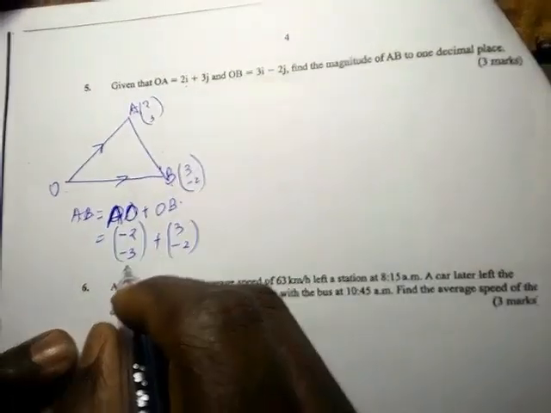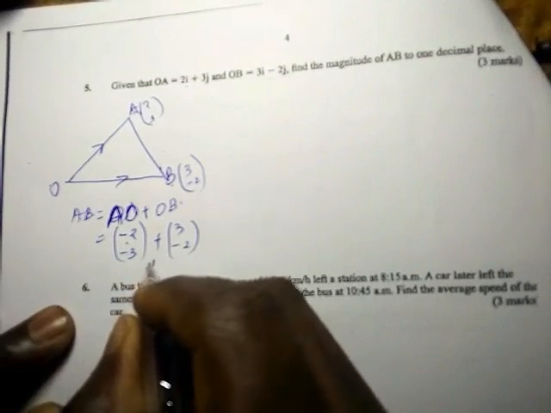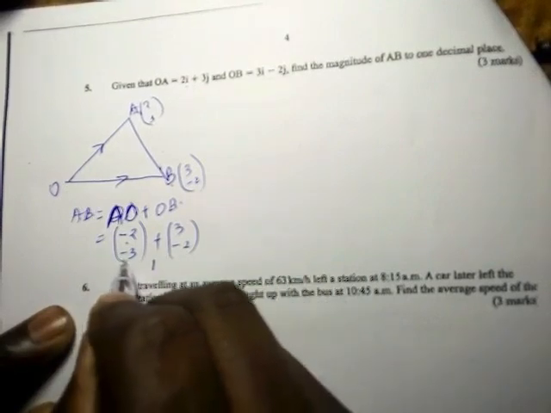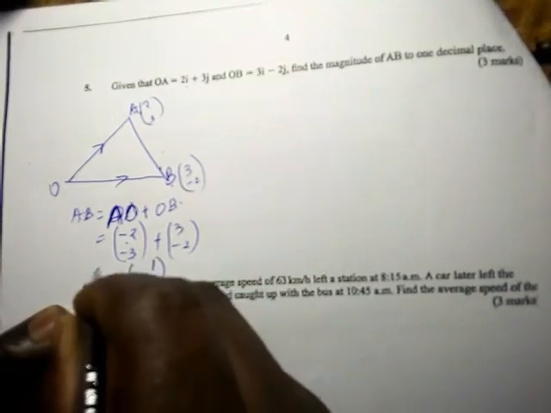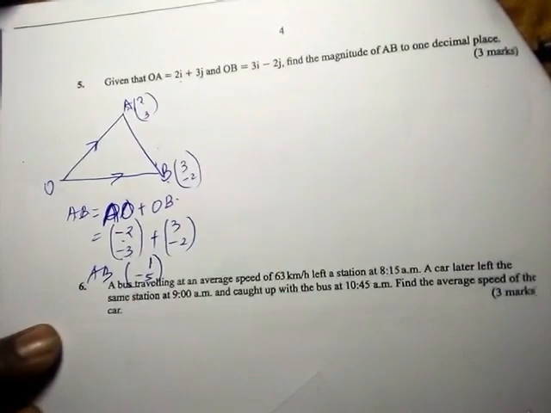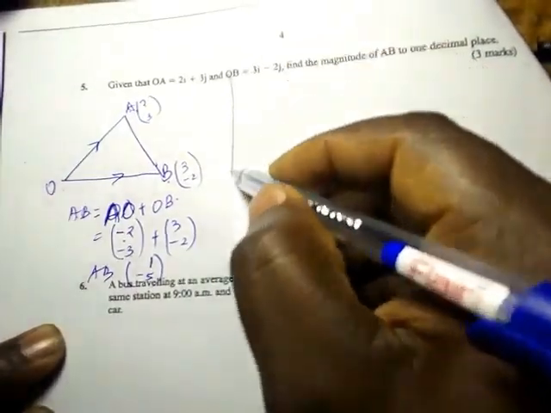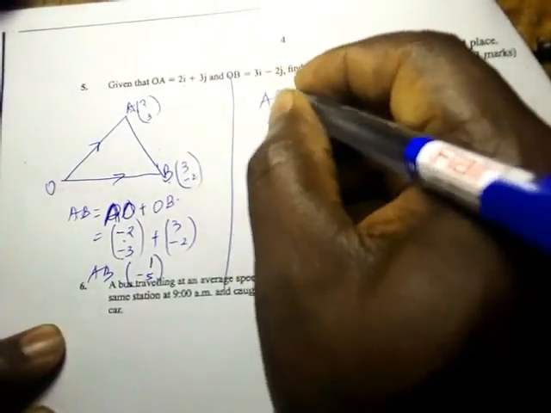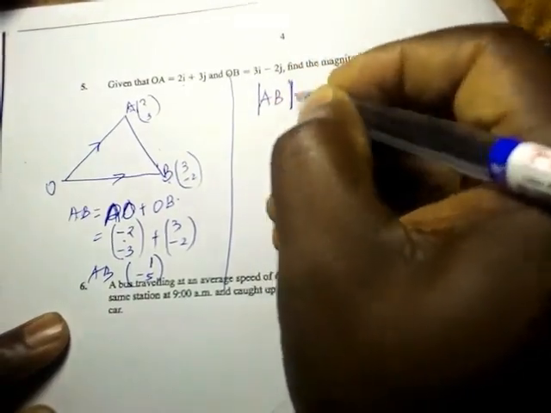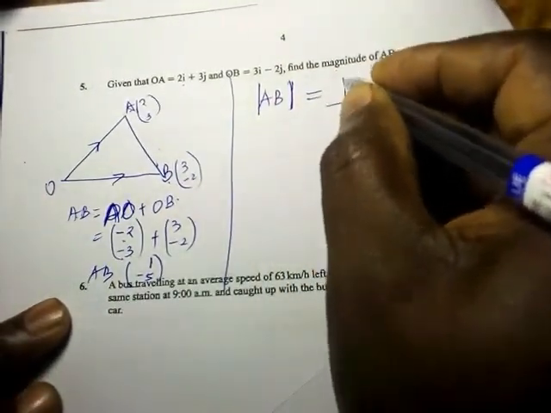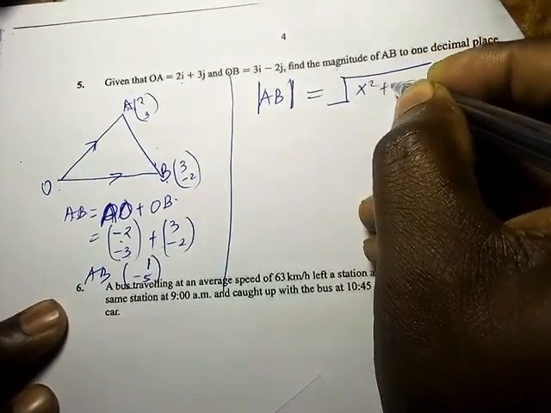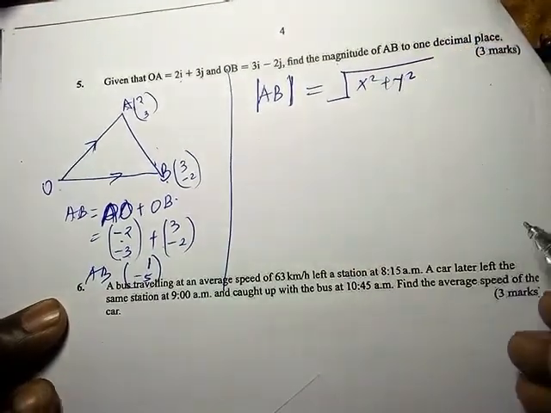And this one finally will give us 1, and -3 plus -2 is -5. So AB is (1, -5). That is now AB. But we want now to get the AB modulus, that is the magnitude. The magnitude is given by the square root of x squared plus y squared, right?